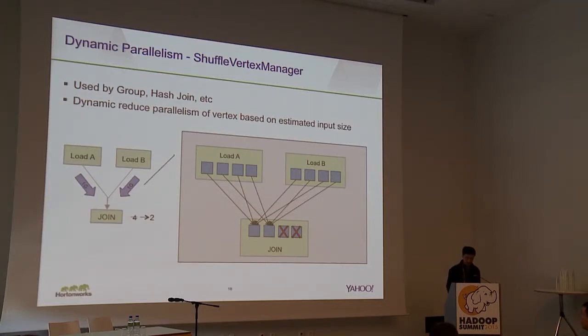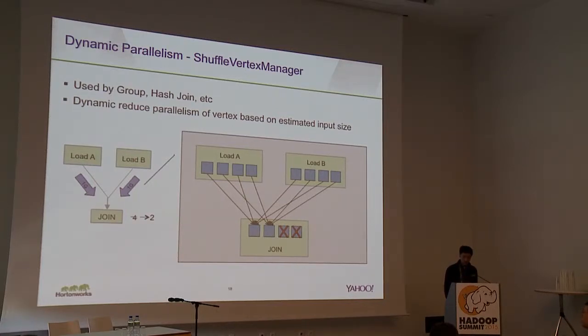Note the way Shuffle Vertex Manager estimates the input data size of the join vertex. It waits for a certain percentage of the input tasks to finish, then estimates the input size based on the finished tasks. If the input tasks are highly skewed, this is problematic.